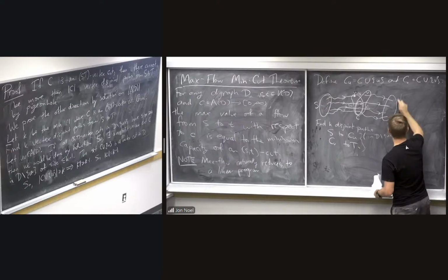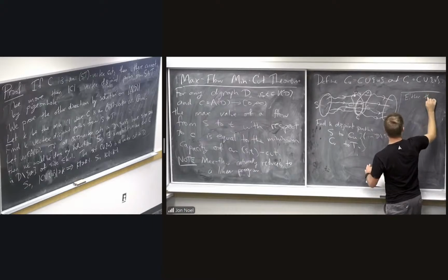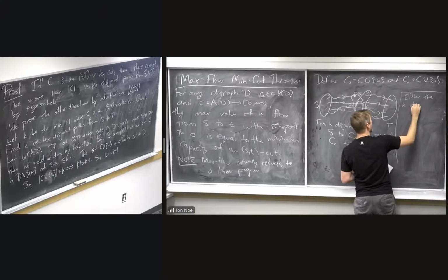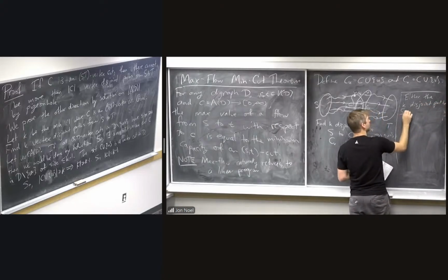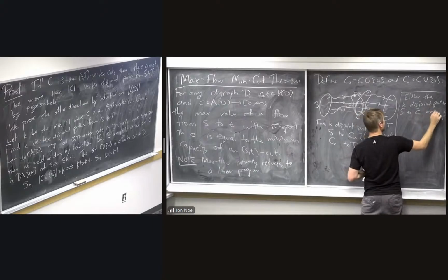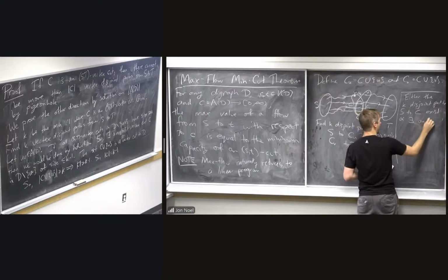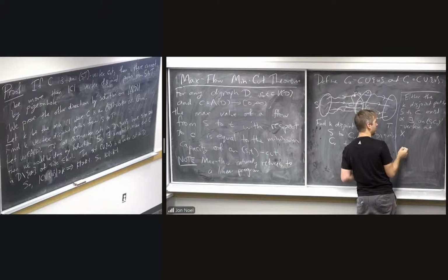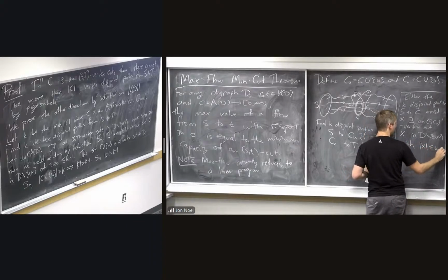So suppose either the k disjoint paths from S to Cu exist, or there exists an S-Cu vertex cut X in D minus UV, where the size of X is at most k minus 1.